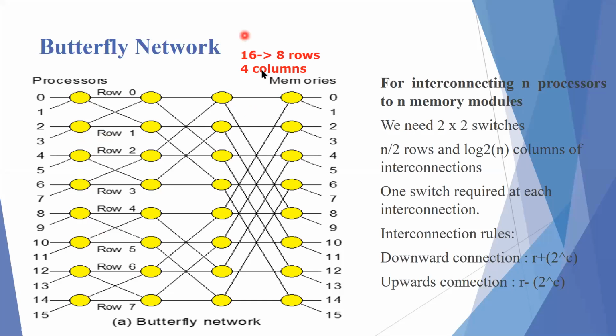If I make it like a matrix, column one, column two, column three, and this is column four. Wherever there is an interconnection of your row and column, there you need to place one switch, and with every switch you need to have two inputs and two outputs. We'll just draw it side by side for you.